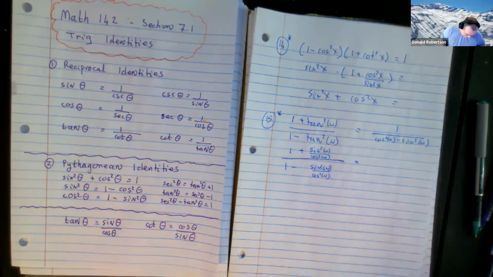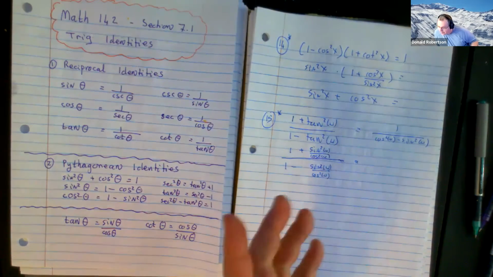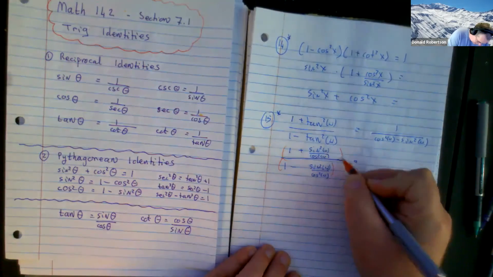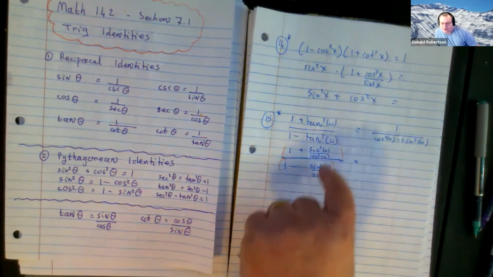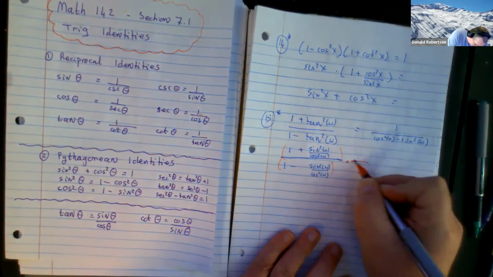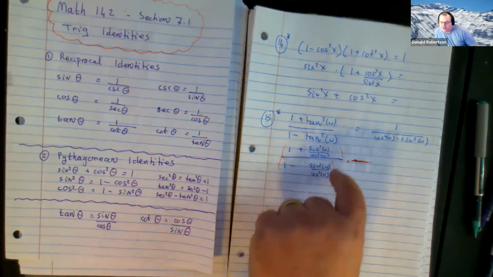Now, after turning everybody that can be turned into sines and cosines, which is a pretty common strategy, I now have a fraction with fractions in it. What special version of 1 am I going to use to get rid of the fractions?